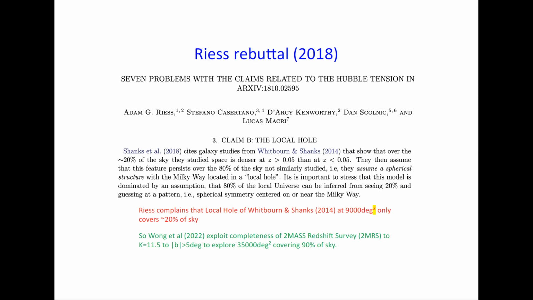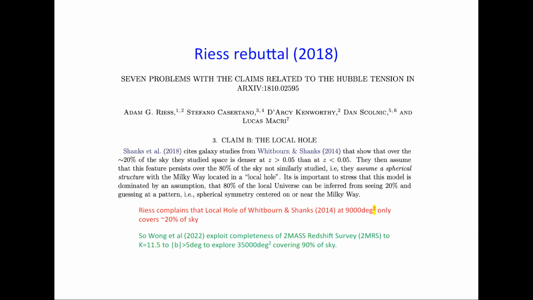Now, at that point, I should have realized earlier that the 2MRS, the 2MASS Redshift Survey, goes to K of 11.5. I never realized how close to the galactic plane it claims to be complete, and it claims to be complete to something like plus or minus 5 degrees in galactic latitude.